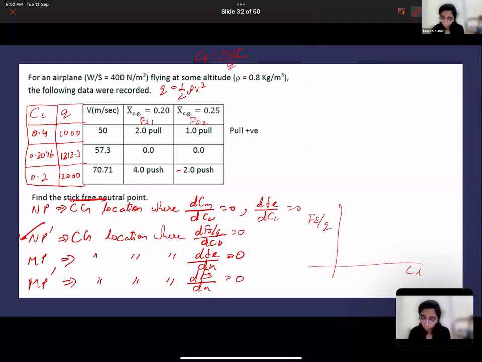What is this 2 pull, 4 push? What is all this? What is this value? In the question, they've given you 2 pull, 0, 4 push. What is all that?